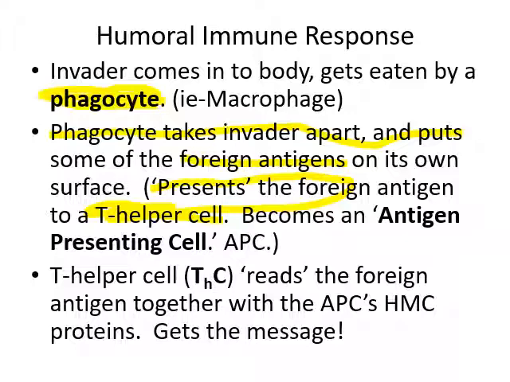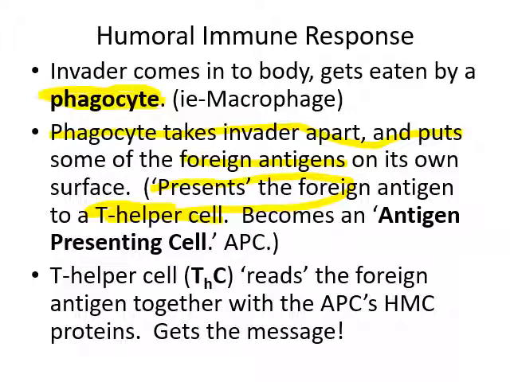In this analogy, the antigen presenting cell is like the dog trainer, and the T helper cell is kind of like the dog. The dog is not going to take this order from anybody. He'll only take it from his trainer. So the trainer takes a piece of the bad guy's shirt, presents it to the dog, and says, "You see what that smells like? Okay, go find the bad guy."